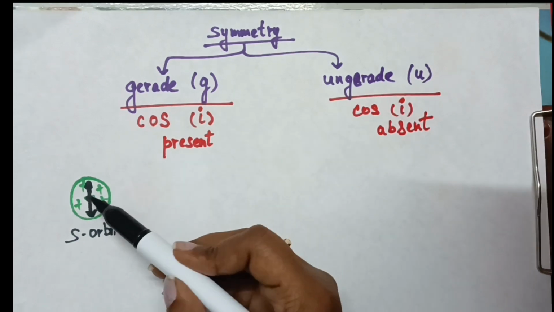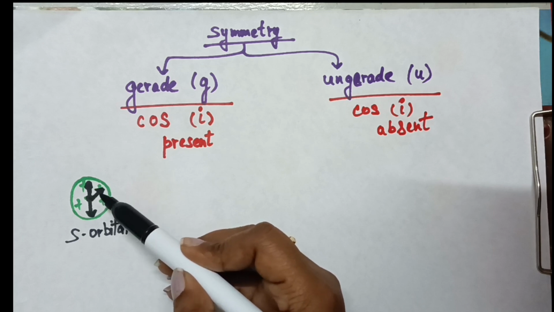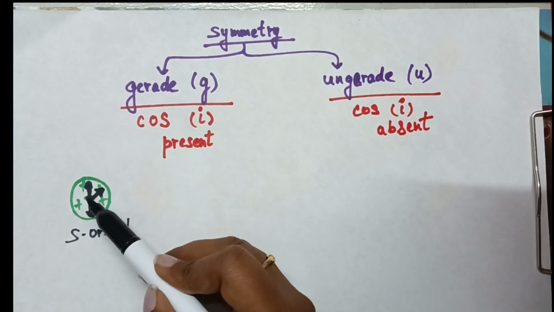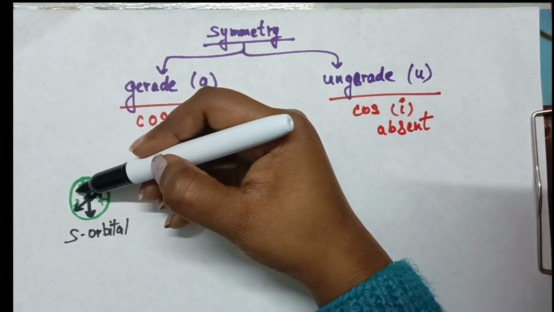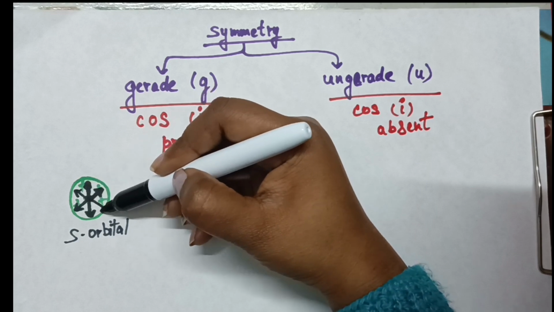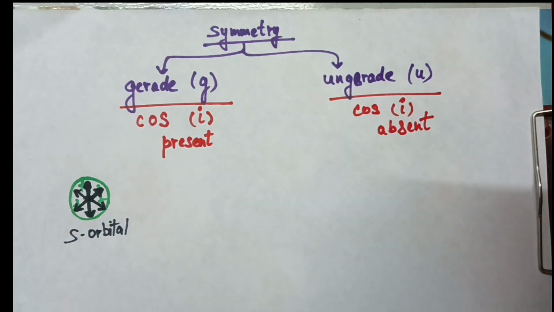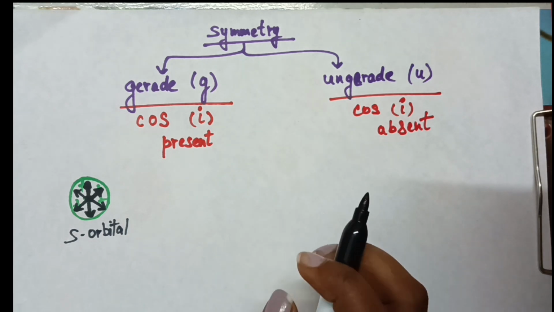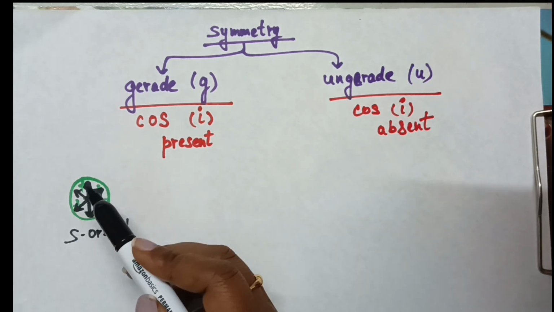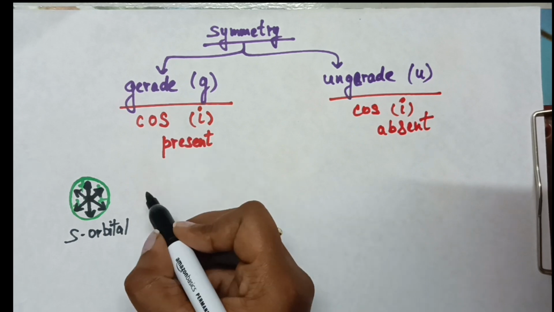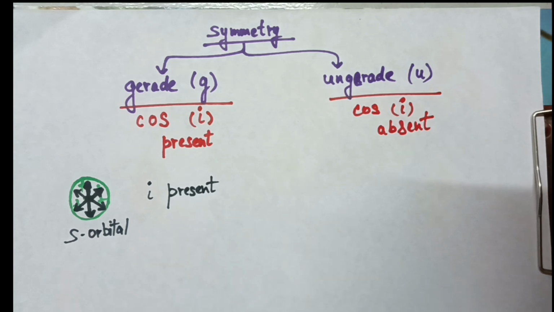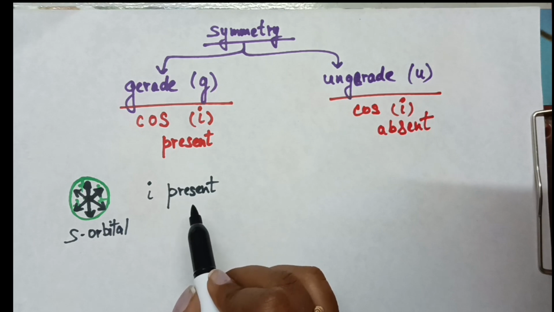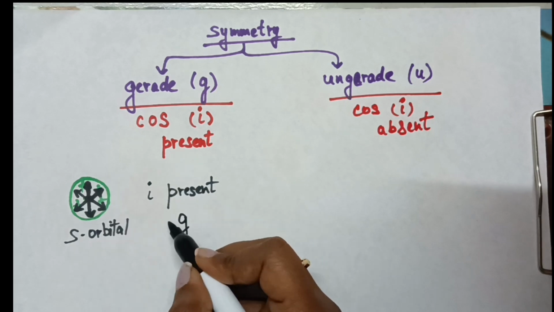If I move in some other direction, again I'm going to find the positive sign. Similarly, in any direction I move and then move in its opposite direction, I'm going to find the same sign. So if I find the same sign, that means the center of symmetry is present. So if the center of symmetry is present, then this is gerade.